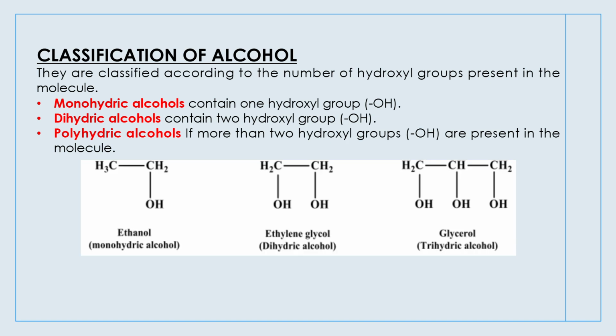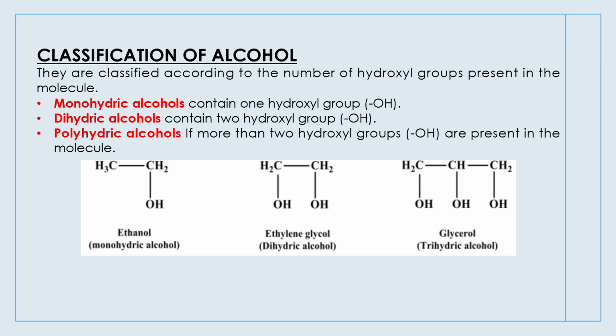In this example, you can see that in ethanol, we have one hydroxyl group attached to the carbon, so it is a monohydric alcohol. Whereas for 1,2-ethane diol, we have two hydroxyl groups that are bonded to the carbon, so it belongs to the family of dihydric alcohol. It is also known as ethylene glycol.